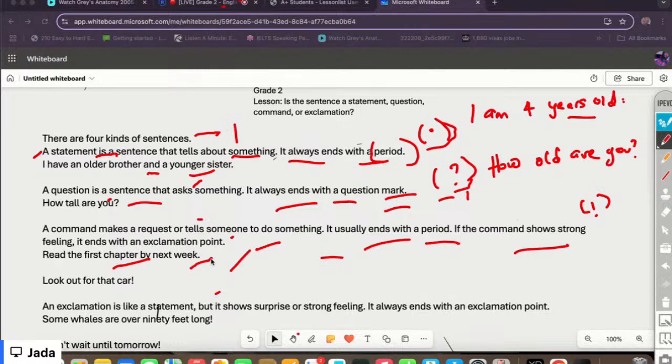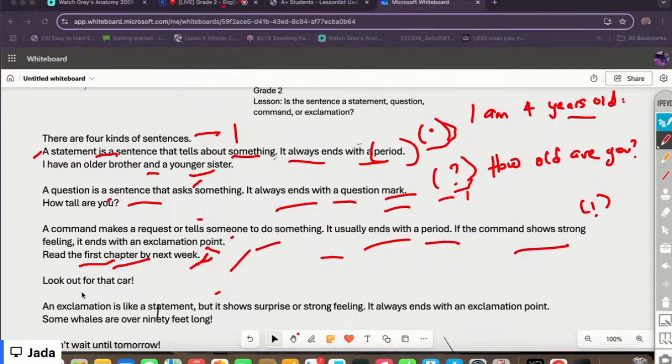So the first example is, read the first chapter by next week. Now, this is just me, for example, telling you to do something. I'm not raising my voice, I'm just talking to you calmly and saying, read the first chapter by next week. That is the command. But because the person isn't shouting or raising their voice or showing how angry they are, it is ending with a period.